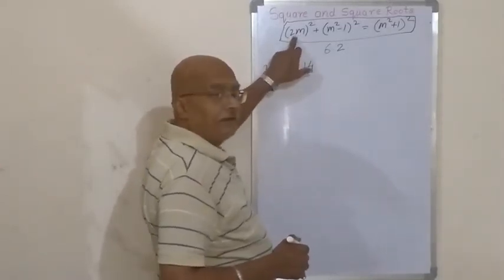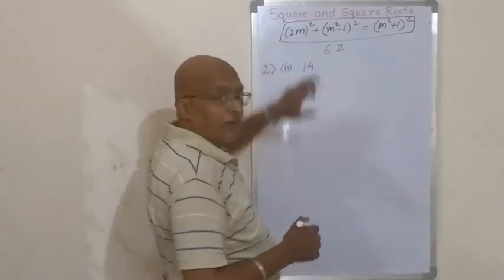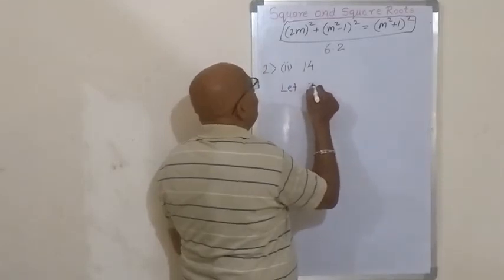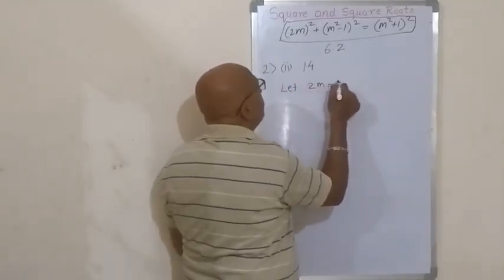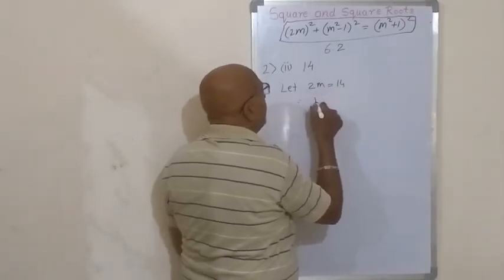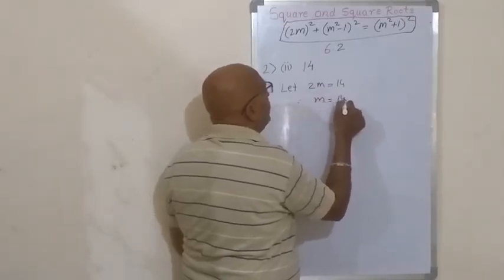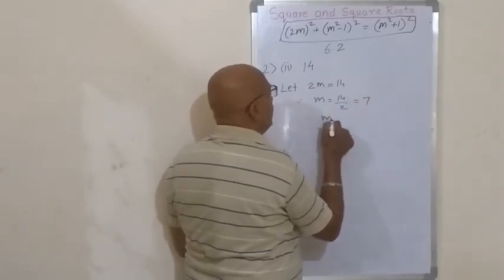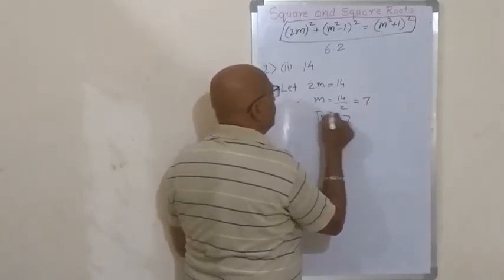So we can take 14 as 2m. So let 2m equal 14. Therefore m equals 14 upon 2 equals 7. So m equals 7.